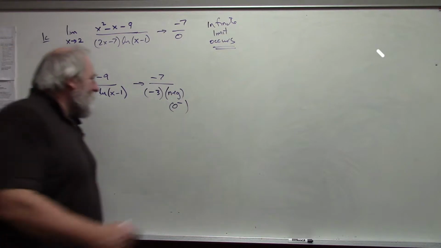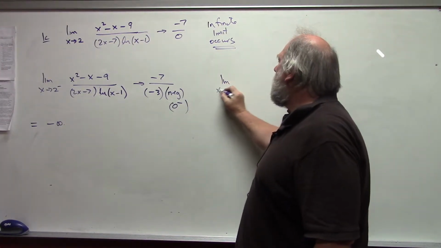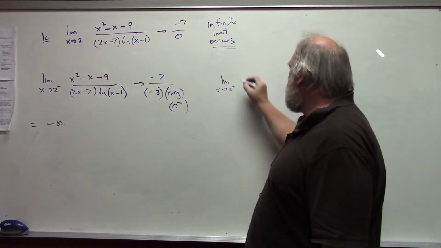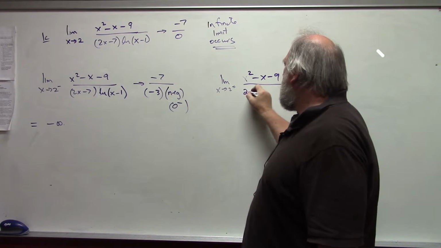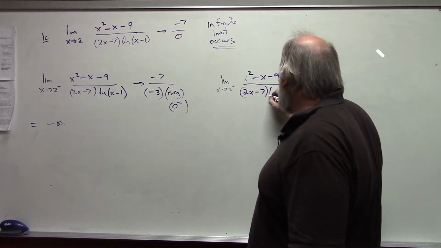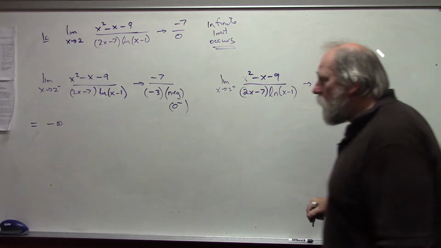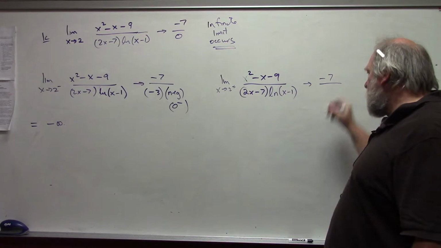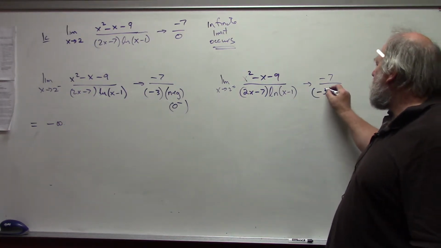When I consider the limit as x approaches 2 from the right, same function, natural log of x minus 1. My numerator is still approaching negative 7. That doesn't change. The first factor is still approaching negative 3.